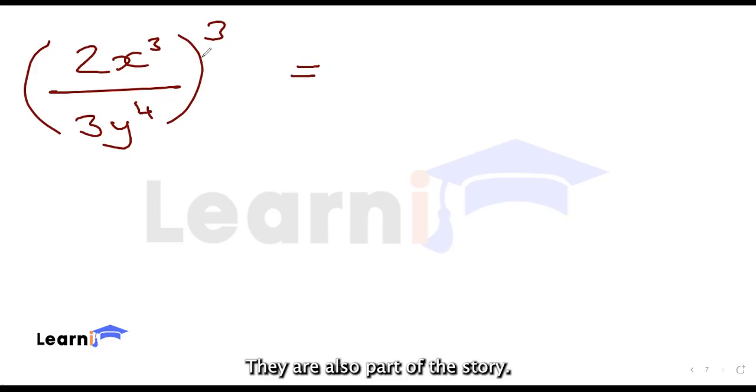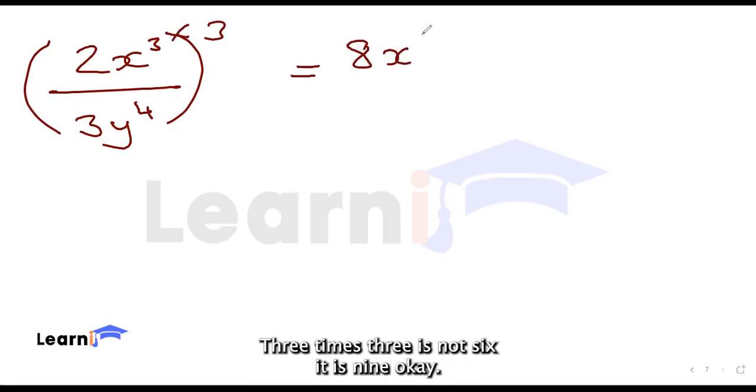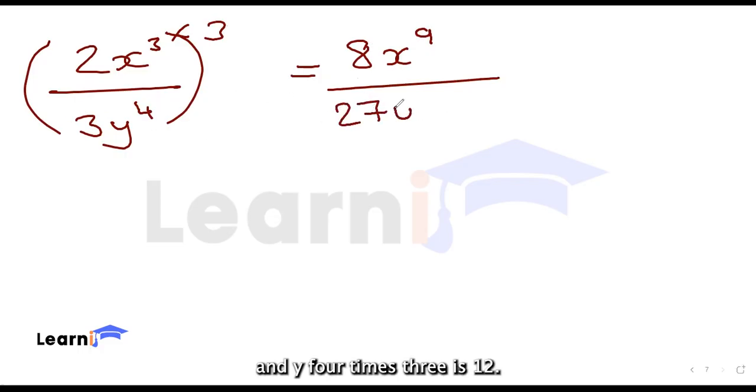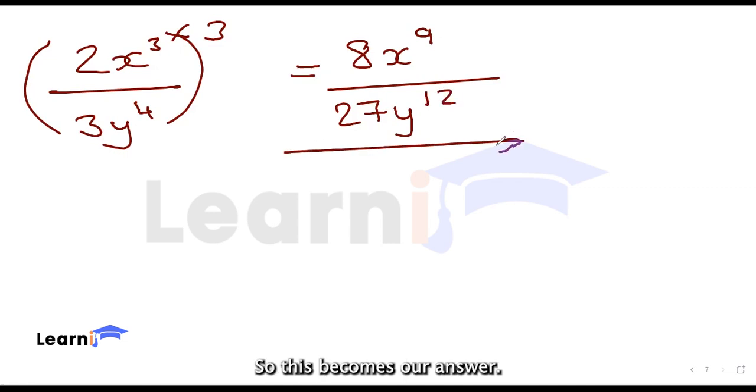They are also part of the story. We can't leave them out. So 2 to the 3 is 8. And then we multiply exponents. 3 times 3 is not 6, it is 9. Okay, common mistake with students. 3 to the 3 is 27. And y, 4 times 3 is 12. So this becomes our answer. Good.